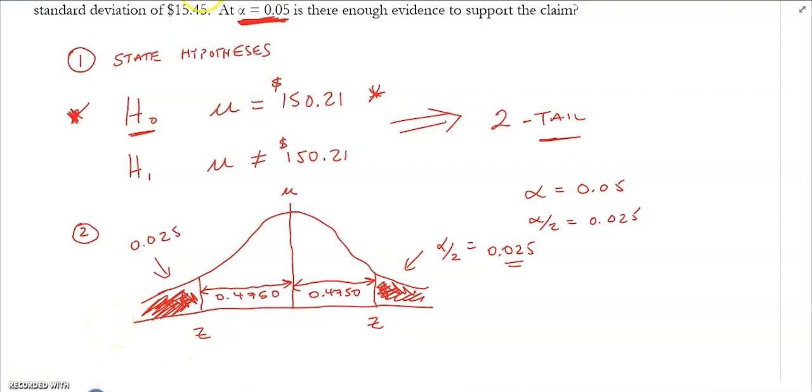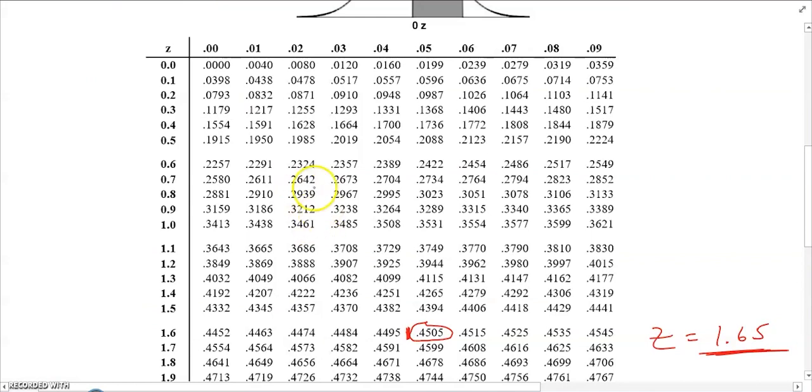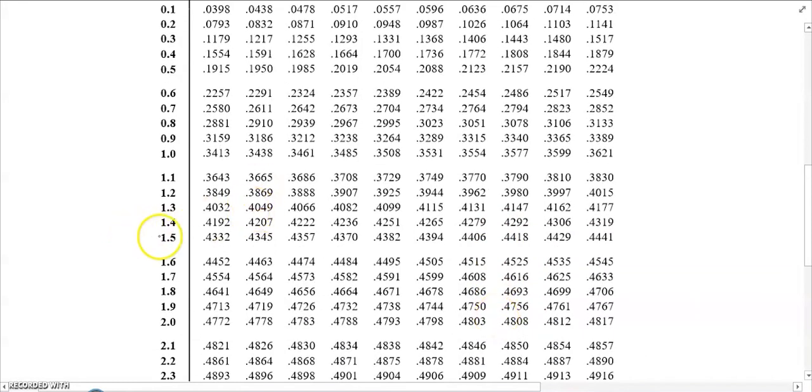So when we look at our Z table and we want 0.475, well, it's actually right there. 0.475 brings us to this value right here. And what does that work out to be?